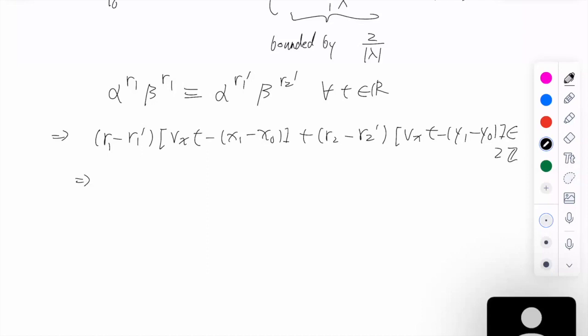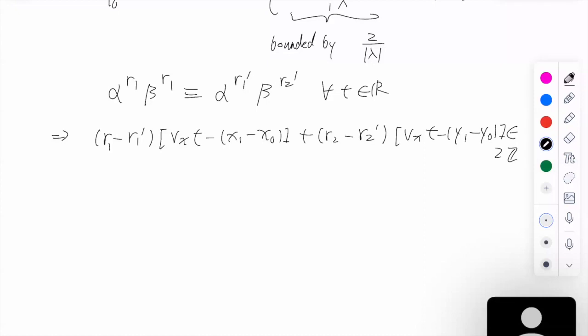And this actually implies that because we can make t vary continuously, if we combine everything and this is a linear function of t, and the coefficient of t is not 0, then this function can take any value, which includes values that are not even integers.